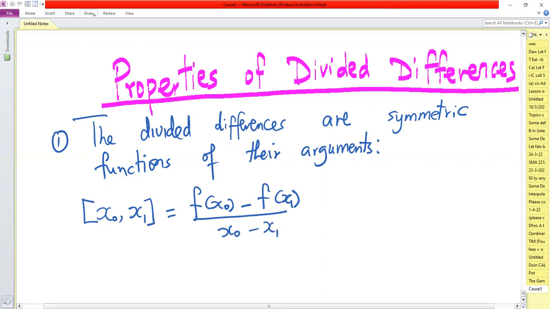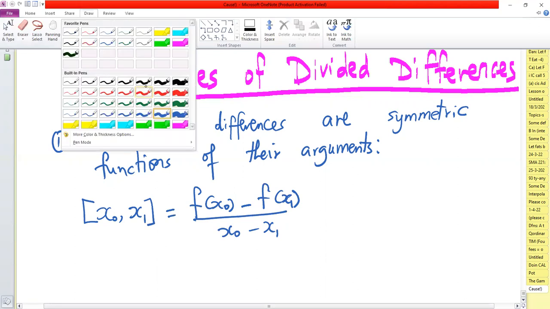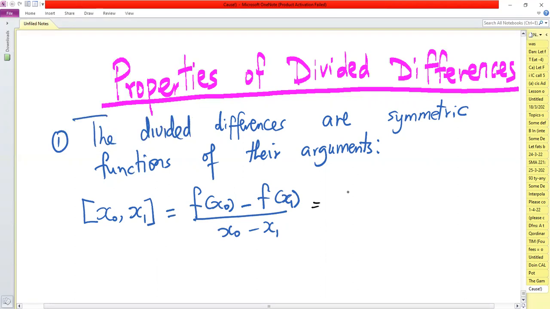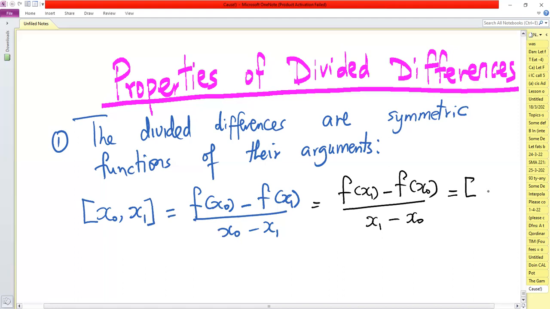But you see, this quotient can as well be written as f of x1 minus f of x0 divided by x1 minus x0. We'll get the same answer if we write it in that form. So we can write it in this form.